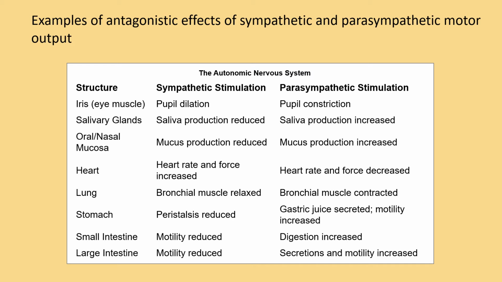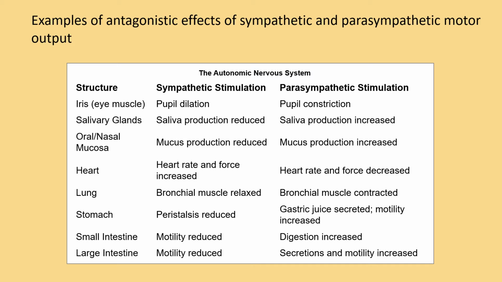And in response to an increase in sympathetic stimulation, that smooth muscle changes to allow for pupil dilation. Your pupils get bigger. But in response to an increase in parasympathetic stimulation, that smooth muscle will change its behavior and generate pupil constriction. Your pupils will get much narrower.